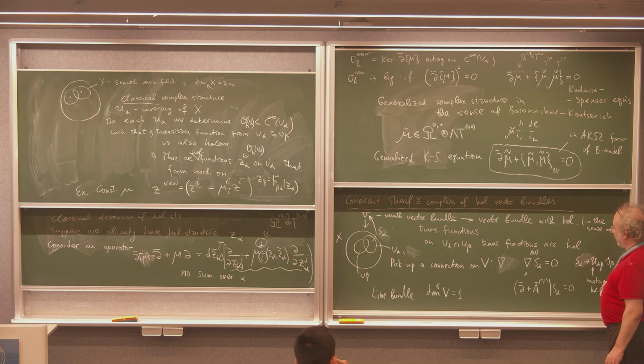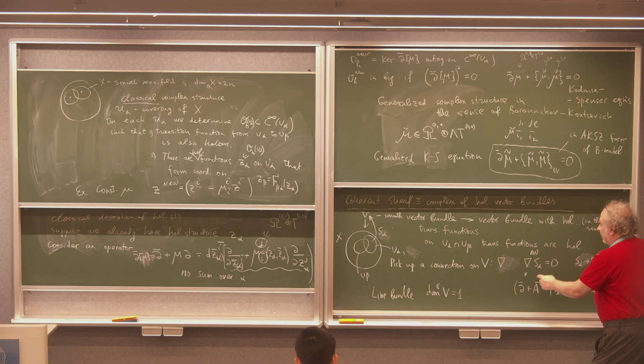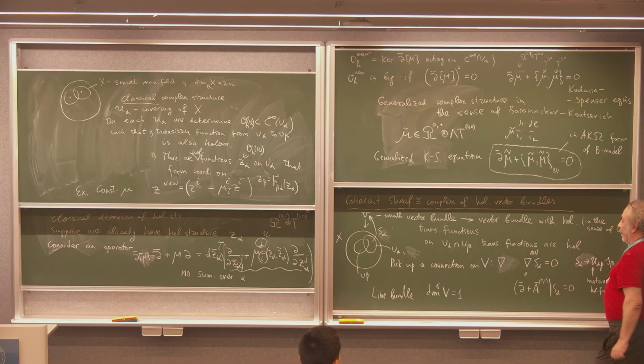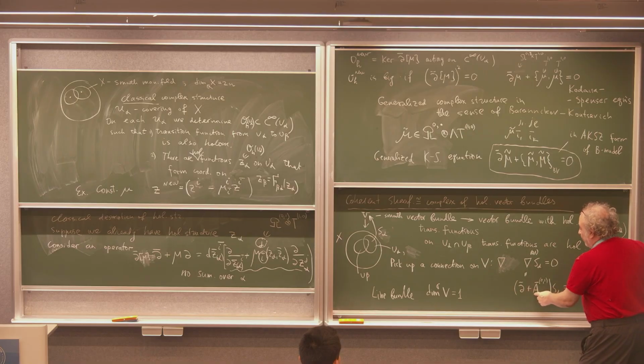Okay, that's how I am picking up the basis alpha on a vector bundle with the help of such a connection.